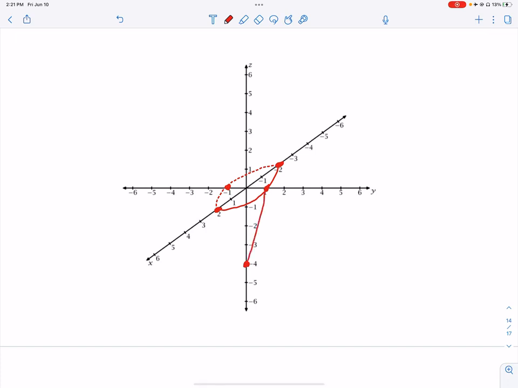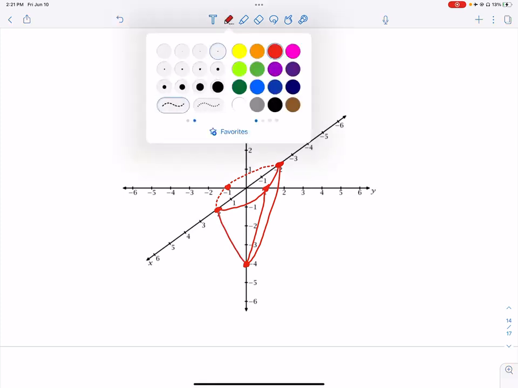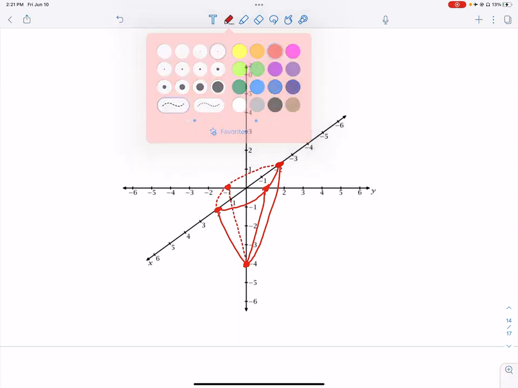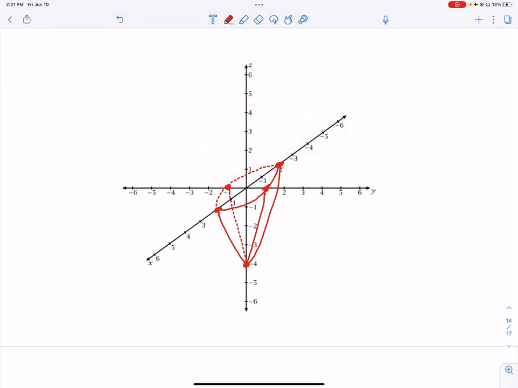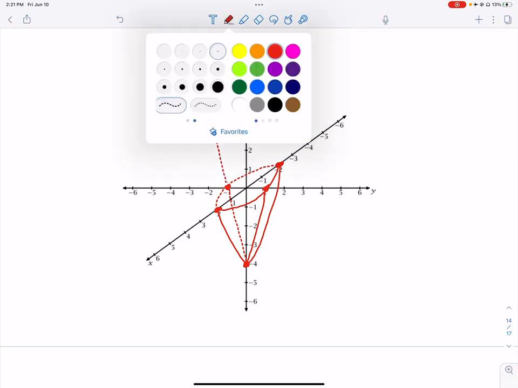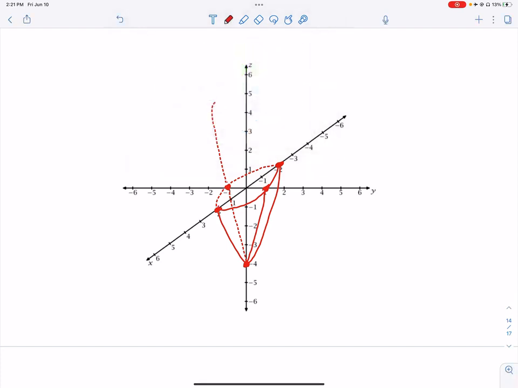Okay, so I get that. And then we have this going up like that. And they do go on, right? I should have done that. Oops. Now, while I'm here, I'll do this one. They do go on forever, like a parabola would, in each direction.